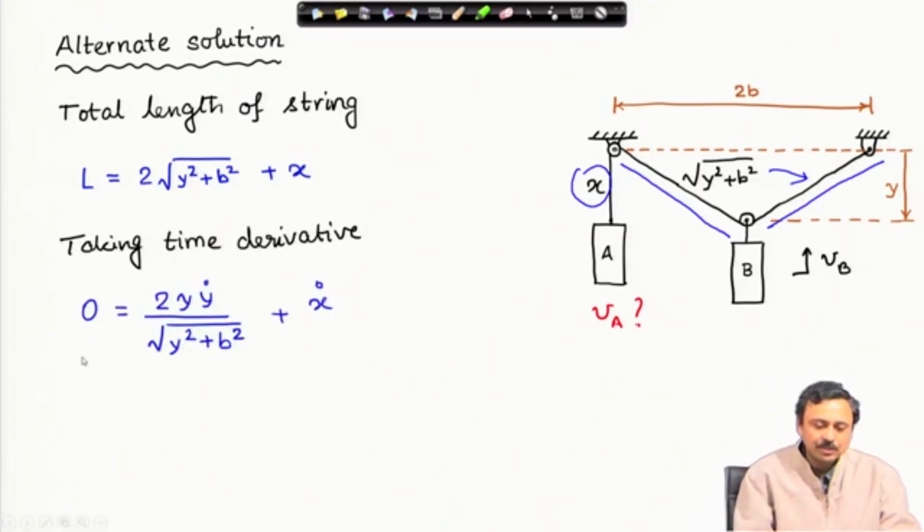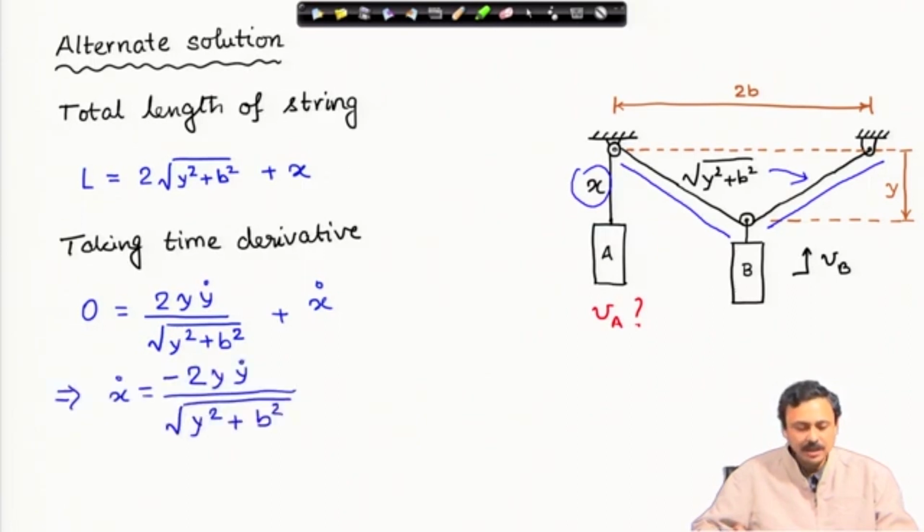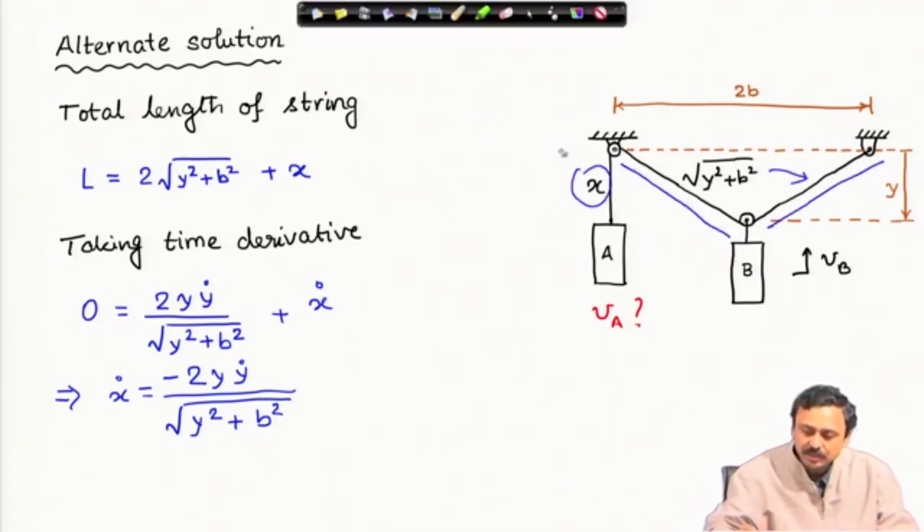So, left hand side becomes 0, right hand side I differentiate. You know that y is changing, so y will have a derivative, b is a constant, does not have a derivative, and x is changing. So, x has a derivative, and if you just rearrange the whole thing, you can get x dot, which will give you the velocity of A. X dot is the velocity of A, because x is being measured like this from a fixed point.